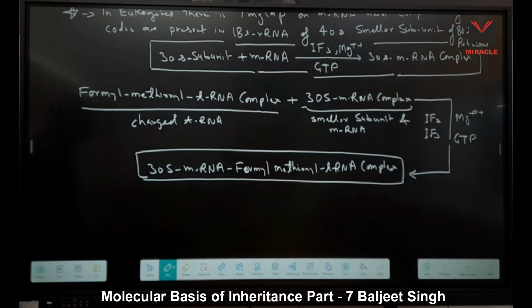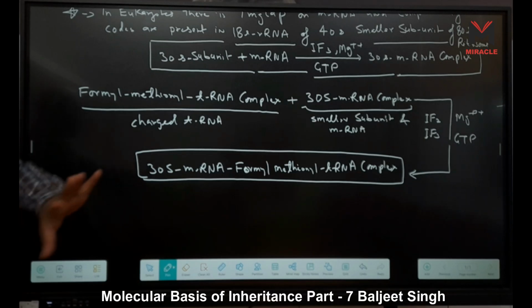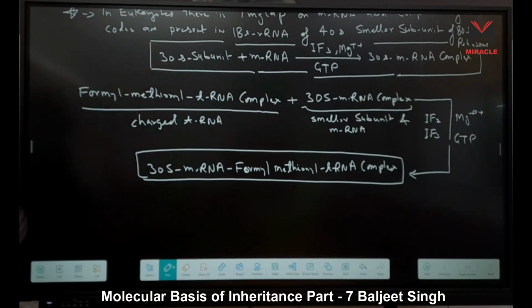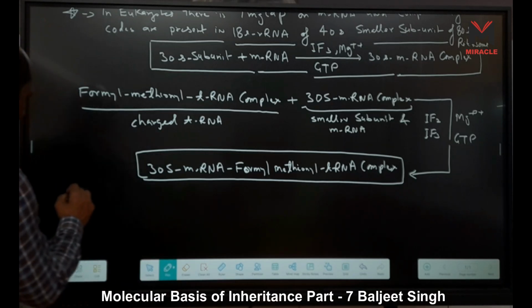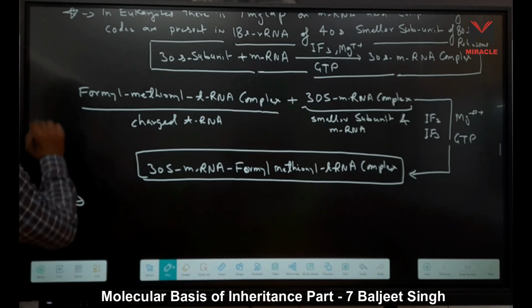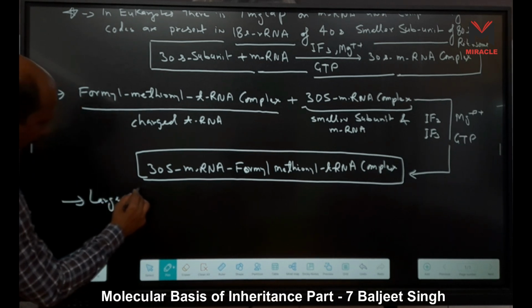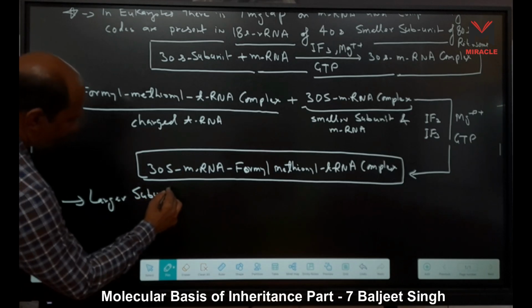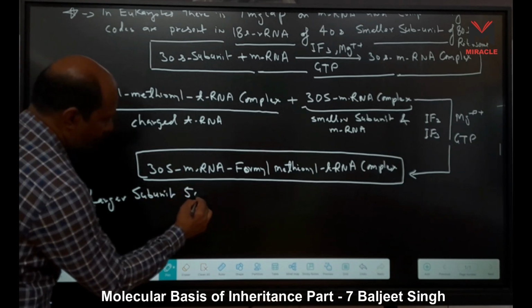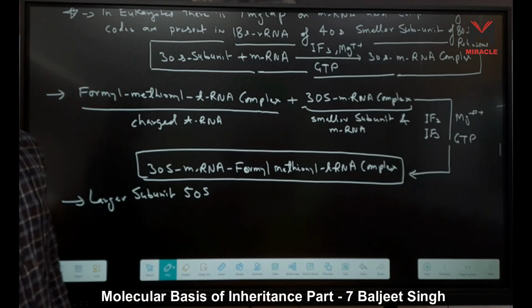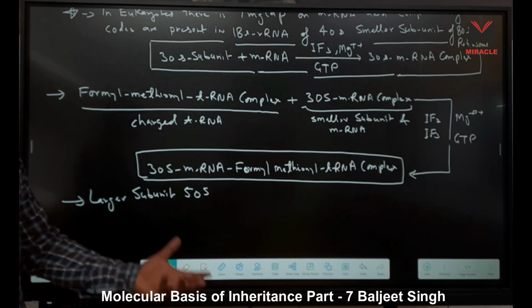Now what happens then? This large subunit attaches with this complex, right? Now the larger subunit, last point here, that is 50S. We know very well that in a prokaryotic cell 70S means one is 50S and another one is 30S.